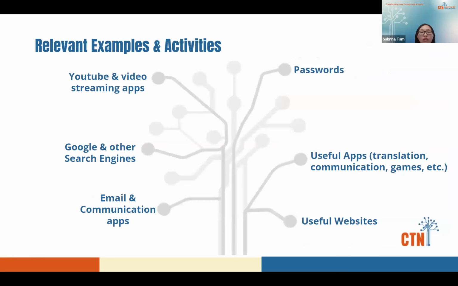Okay, and next I want to share some examples and activities that we usually do in our classes, and compare how we adjust them for different culture groups. The first example I want to point out is about passwords. For an English speaking class, passwords are usually easier to teach, because all the learners know English, and most of them can easily think of a password that they want to use.